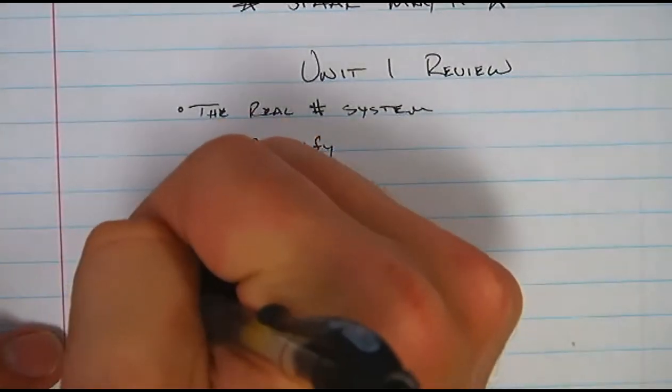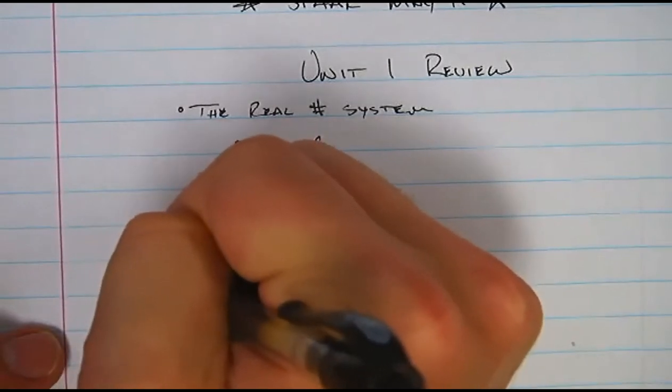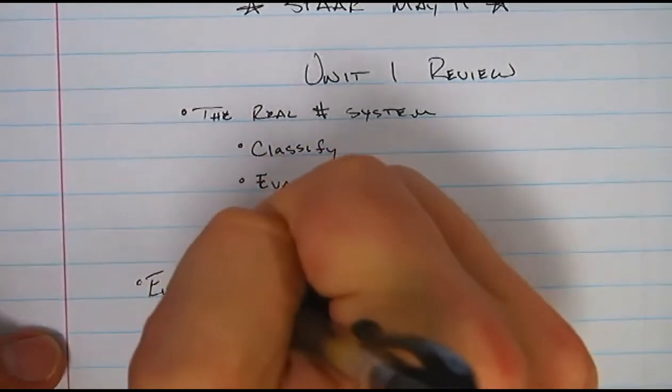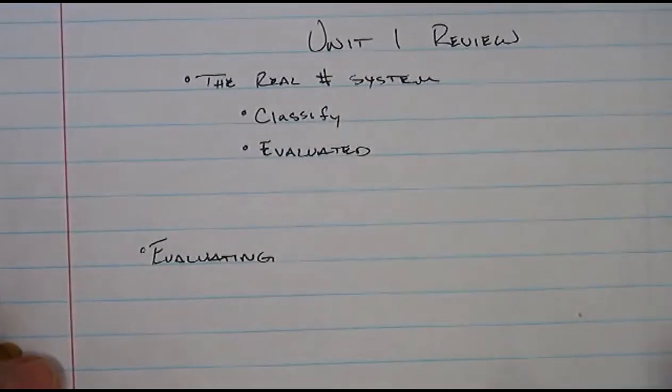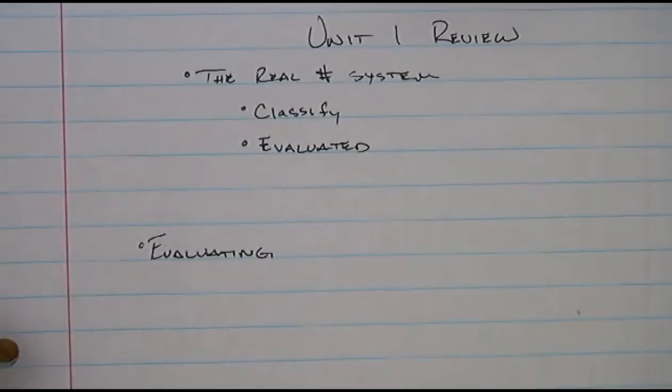So evaluate. I would define it, but we should know what that means, right? For the most part, we're going to take an expression and condense it to its smallest form.